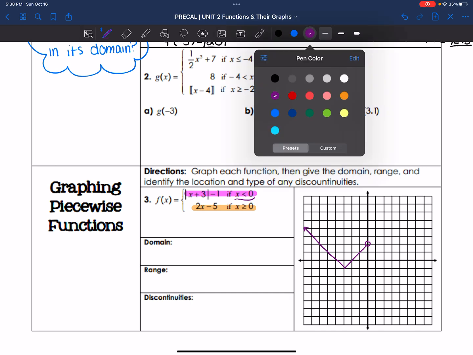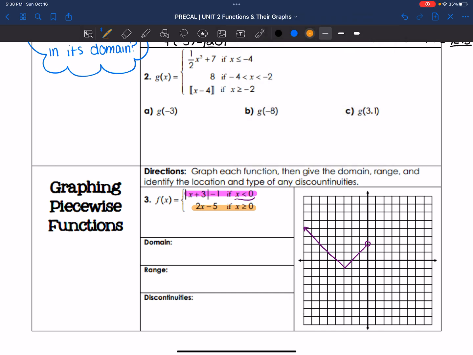The orange piece was down here at -5, so 1, 2, 3, 4, -5, but we want it to be closed, because it should be included for the orange graph at that value when x is equal to 0.